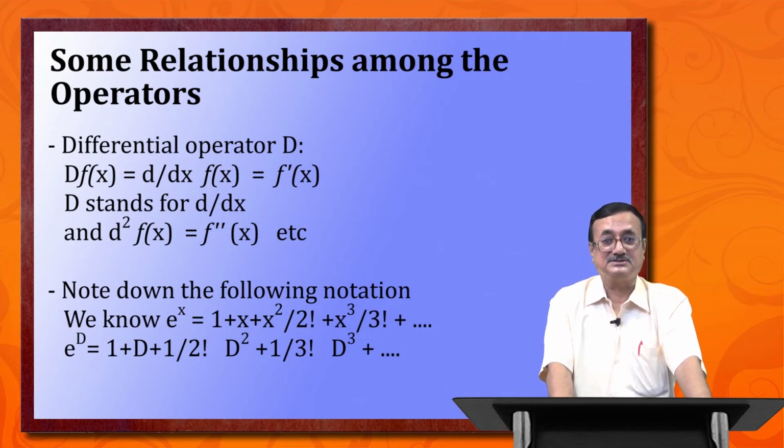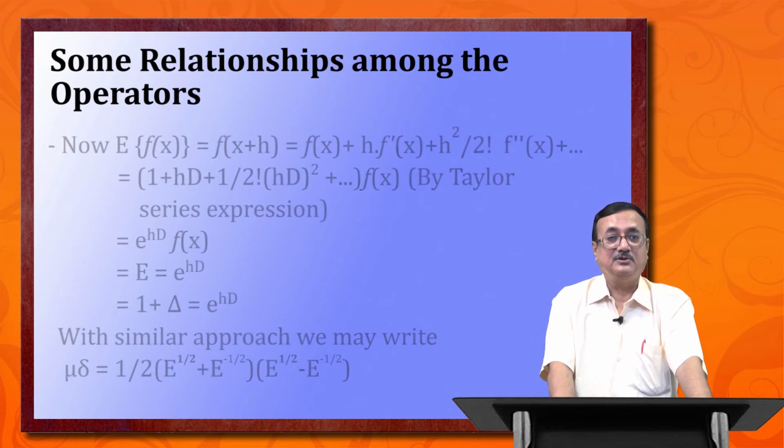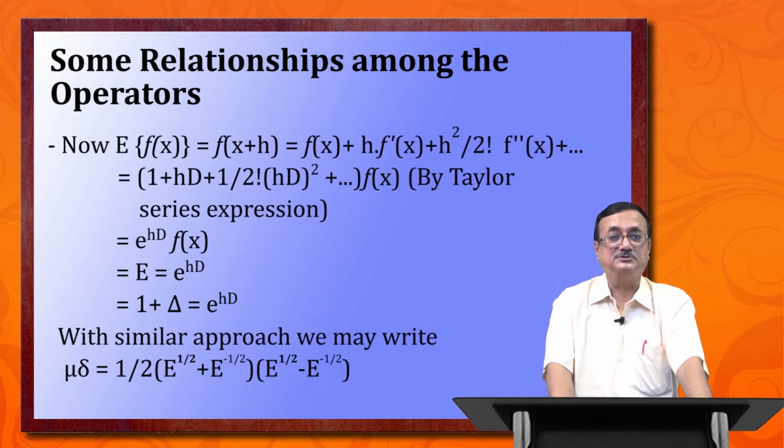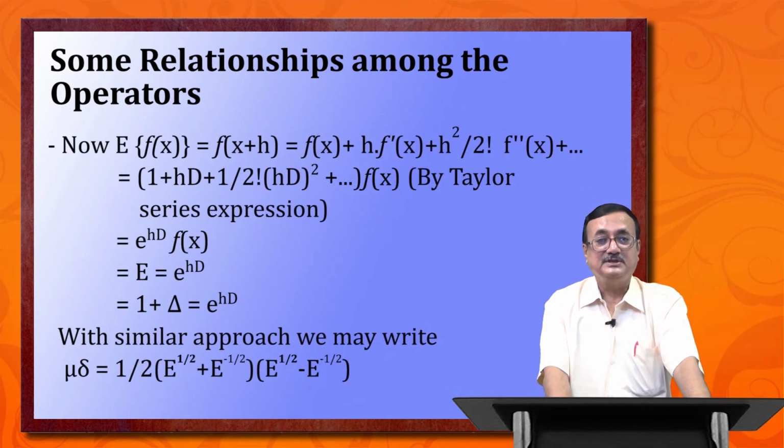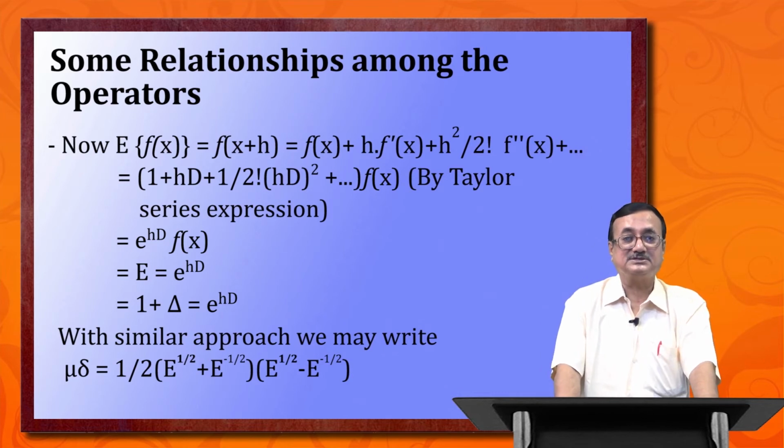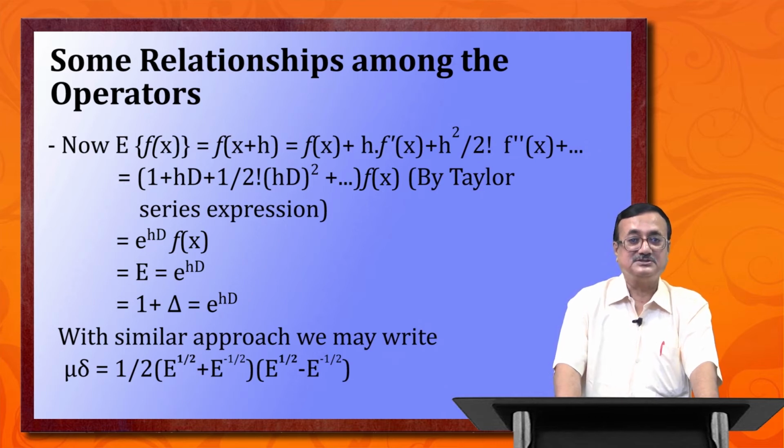So D is d/dx. Now E of f(x) is equal to f(x+h), which is equal to f(x) plus h into f dash x, and so on. How have we arrived at this right hand side? This is simply by Taylor series expansion, and this Taylor series expansion, when written in the form of D, we get 1 plus hD plus 1 by factorial 2 h square D square, etc. on f(x).